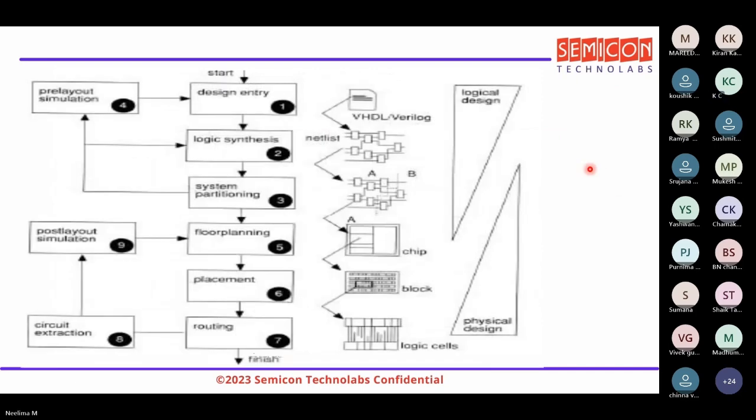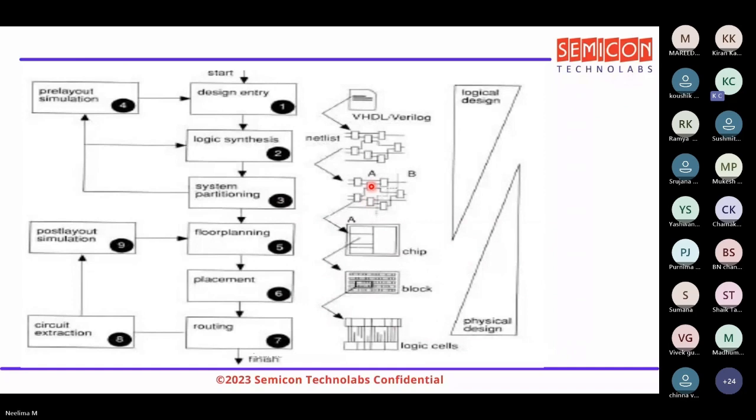Now this is another pictorial view of the design flow, which covers the logical design and the physical design. The logical design covers everything up to the floor plan part: design entry, step number 1, step number 2, logic synthesis, step number 3, system partitioning, where we break the bigger logic into smaller portions.